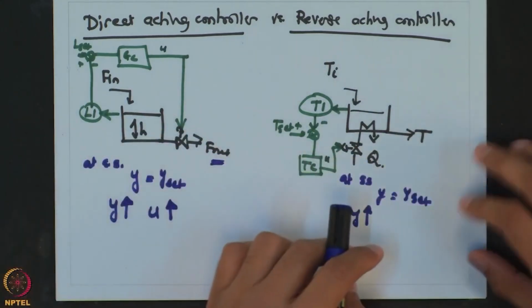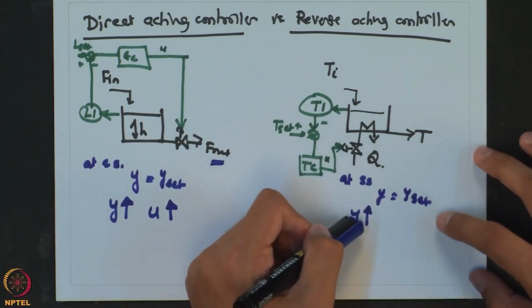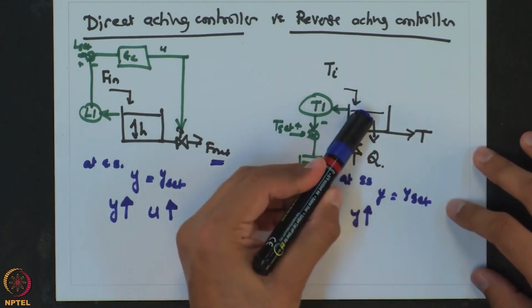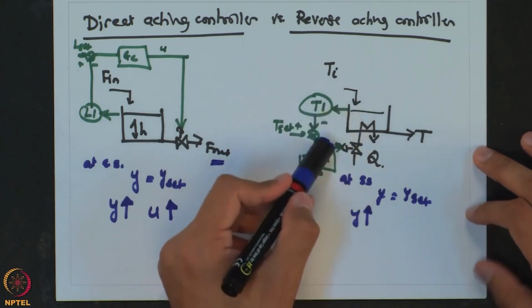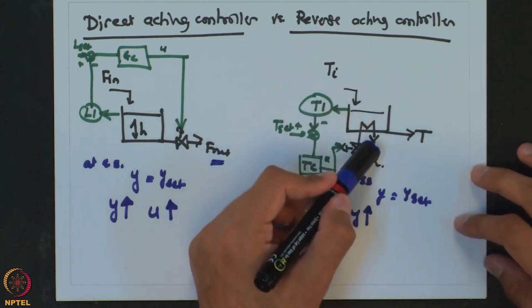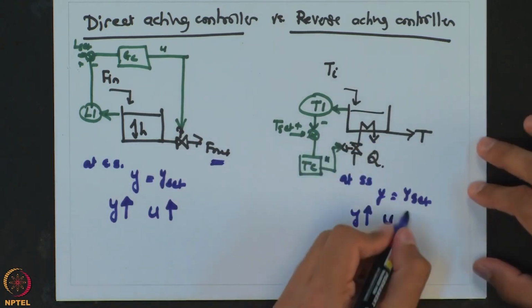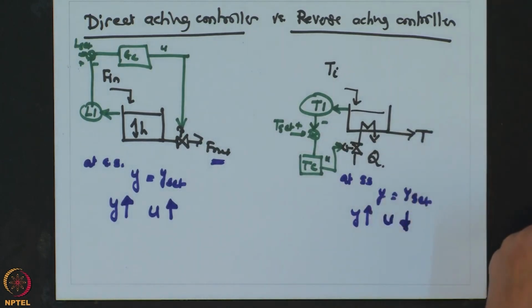Now, look at this case of the stirred tank heater. Let us say the y increases beyond the set point, that means the temperature inside this tank is above the desired value. Now, what should the controller do? It should actually cut down on the heating duty supplied to the system. That means the controller output should decrease. So, now you can notice the difference between these two systems.